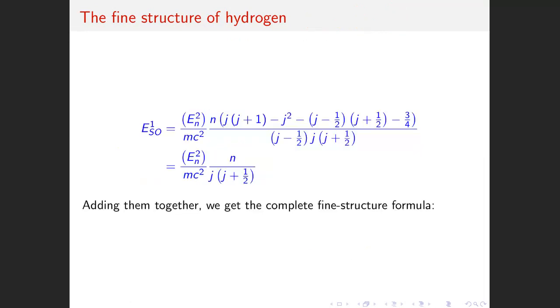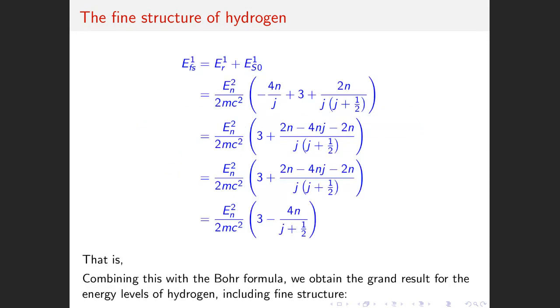Now, as I said in the previous slide, because of time, you can check that this simplifies to something like that. But the point is that you have to add, right?